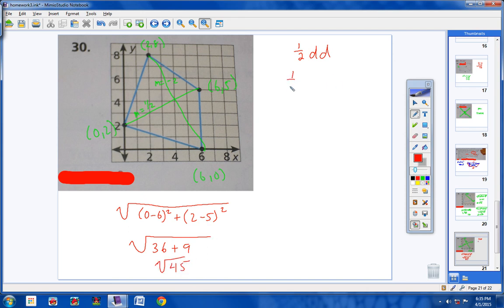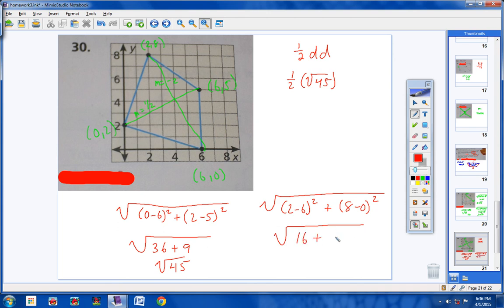So I have 1/2 times the square root of 45. Now the other diagonal, this one right here, let's find its length. Distance formula again, x minus x, 2 minus 6 quantity squared, plus y minus y, 8 minus 0 quantity squared. So we end up with 16 plus 36, which would be the square root of 52.